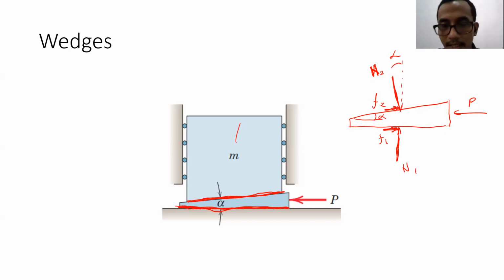If I ask you what is the value of the force P needed to raise the wedge, what is the answer? We use sigma Fx equal to 0, sir. But wait a minute, do we know the value of this?